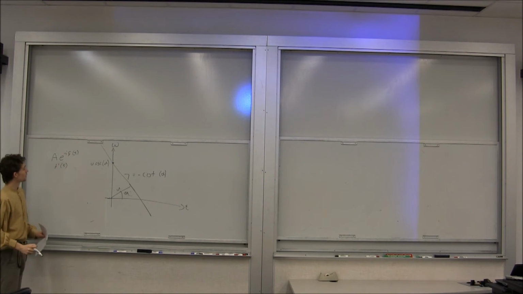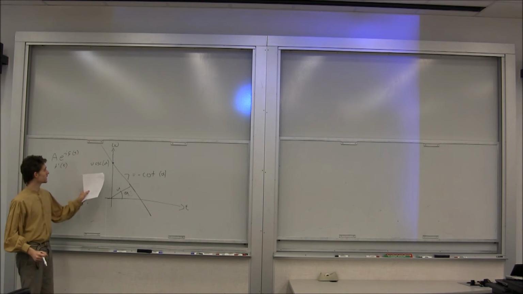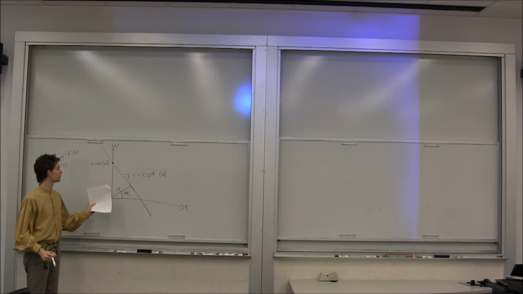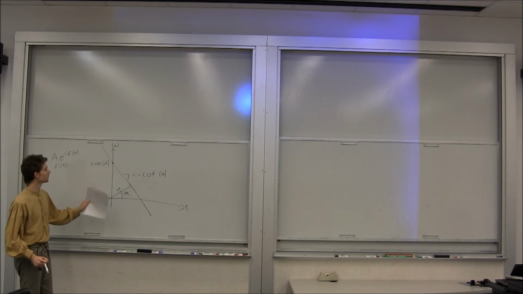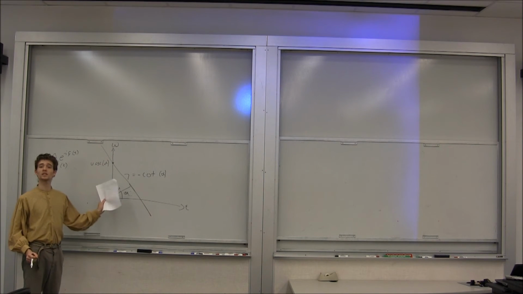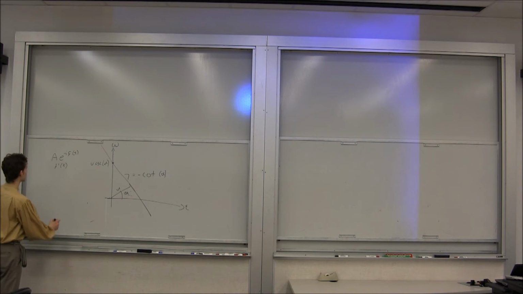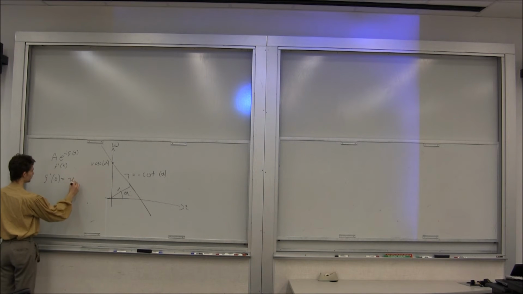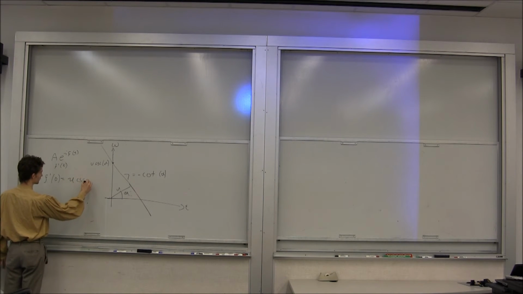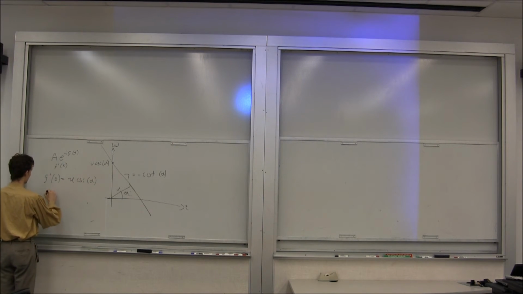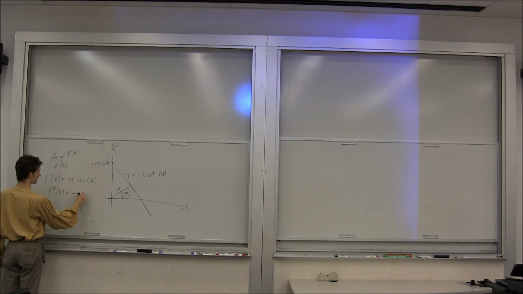Now, what we know about this function is that the frequency at time 0 is u cosecant alpha, and that the frequency changes at a rate of minus cotangent of alpha. So that means that f prime of 0 equals u cosecant alpha, and that f double prime of t equals minus cotangent alpha.